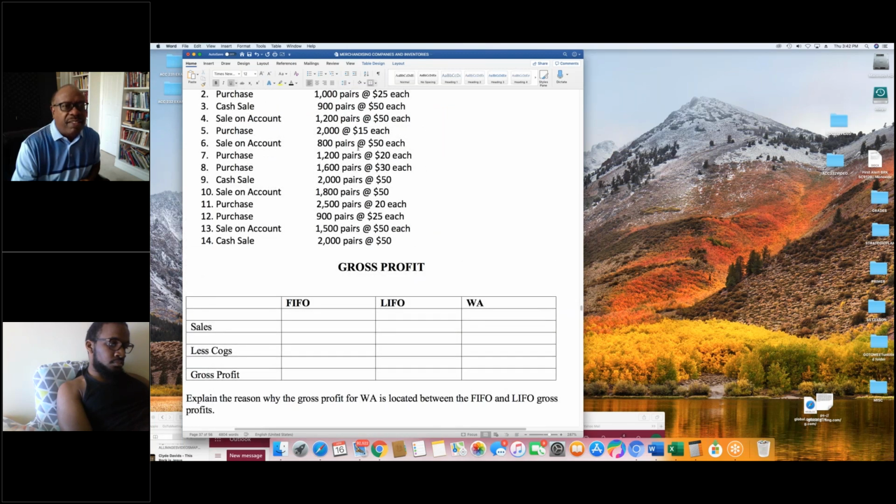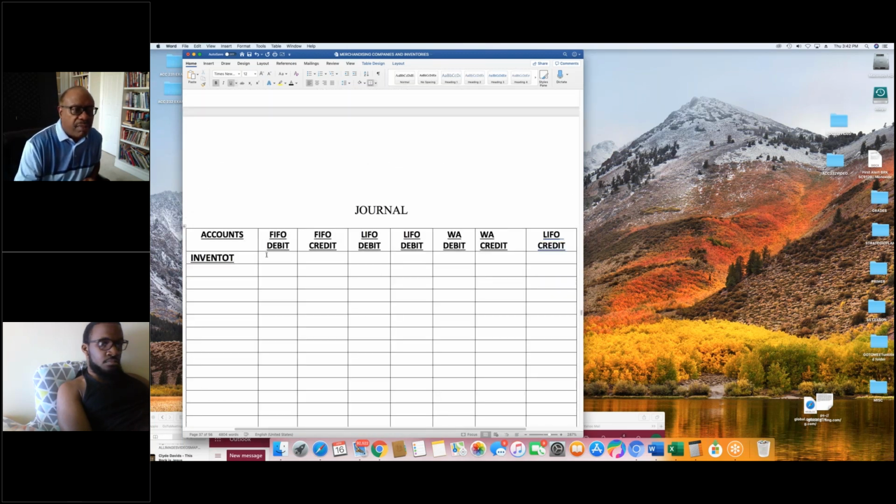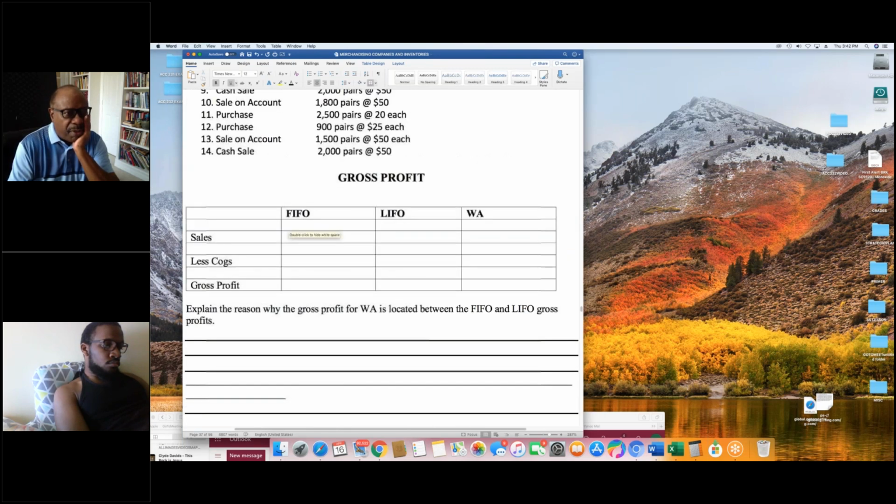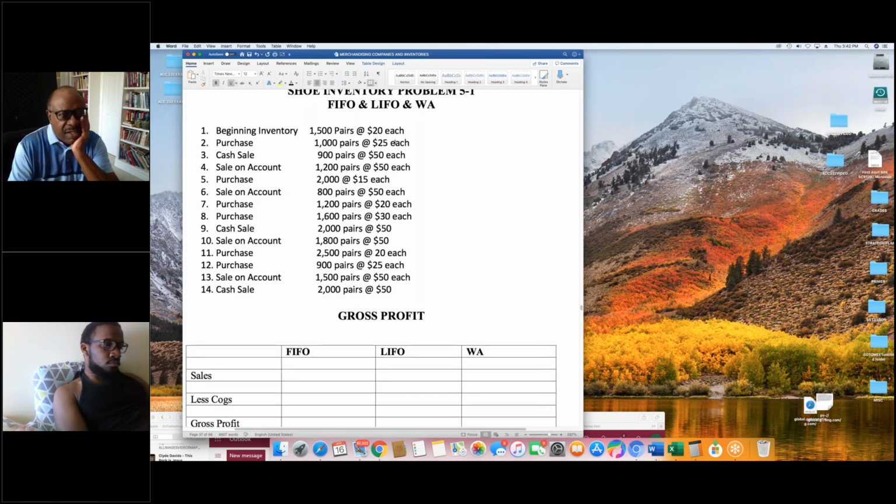It's gonna be 25,000. And we're gonna credit accounts payable. Now, eventually you'll be able to just run across the whole thing. But this is the first purchase where we buy 1,000 at 25.